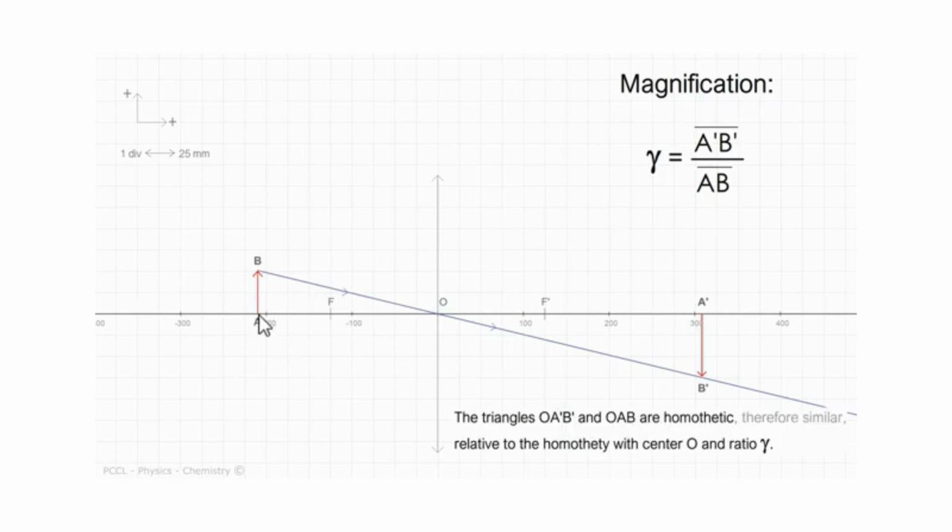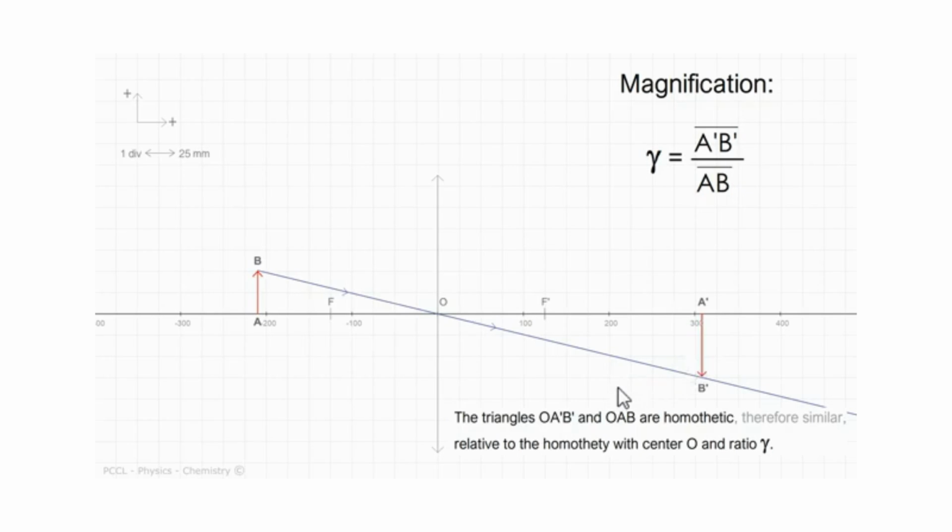I would like to show you 2 triangles, here, that's why I left the particular ray which passes through the optical center, which we know is not deviated. Which are the triangles OAB and OA'B'. So why am I showing you these 2 triangles? This is because they allow us, being homothetic, to write this relation in another way.